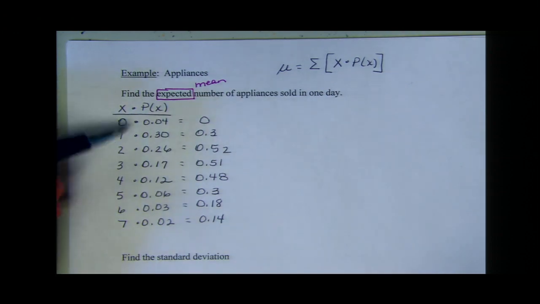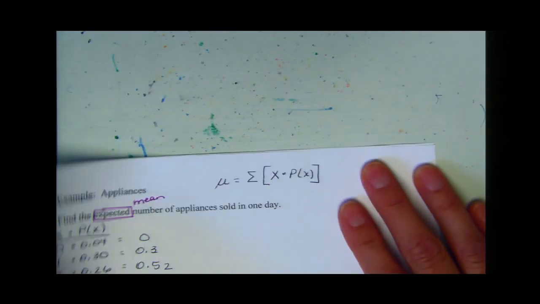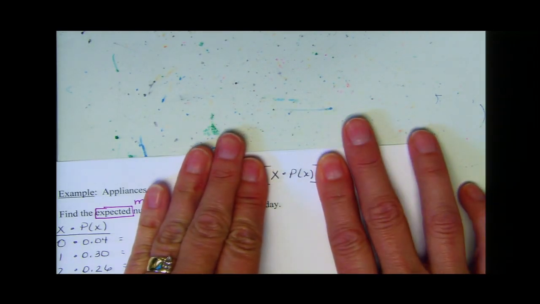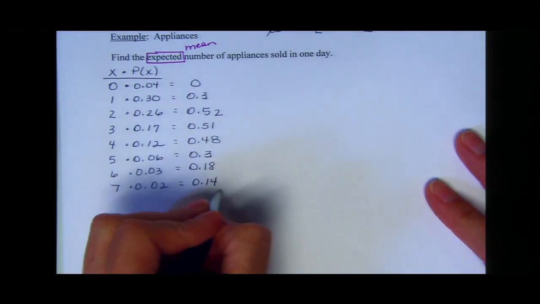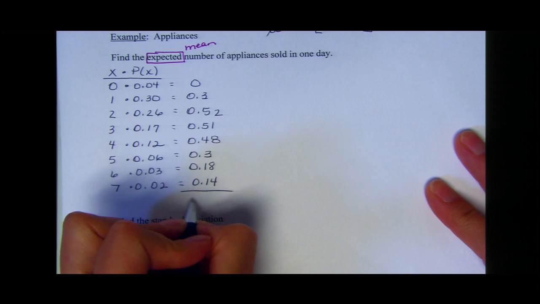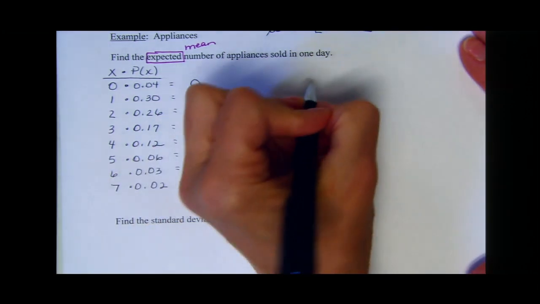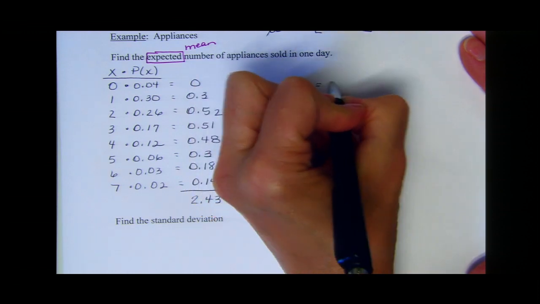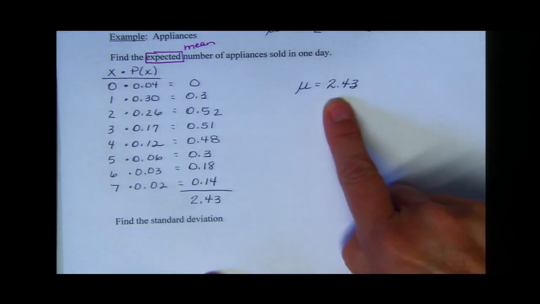So we've multiplied every x value times its p of x. So what we have done is this portion of the formula. Now we're going to find its summation. You add all of these numbers up, and you get 2.43. So what we have found is that the mean is 2.43 appliances. So on any given day, I expect to sell 2.43 appliances.